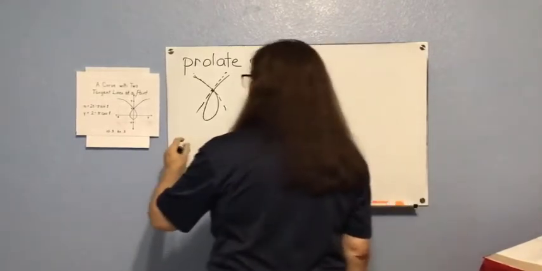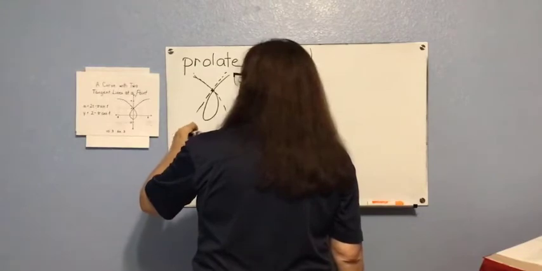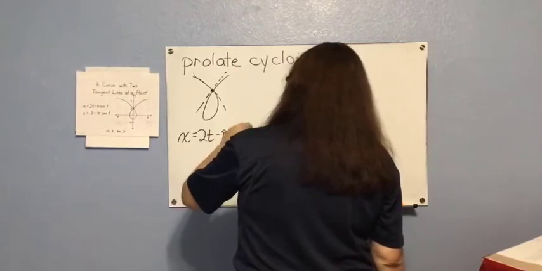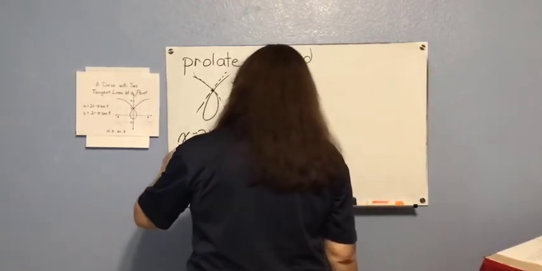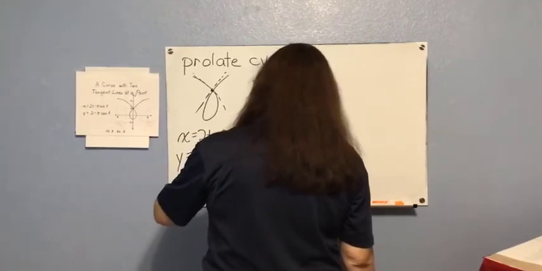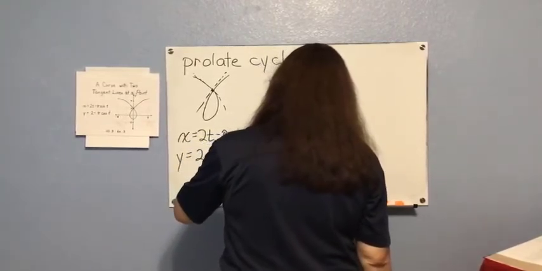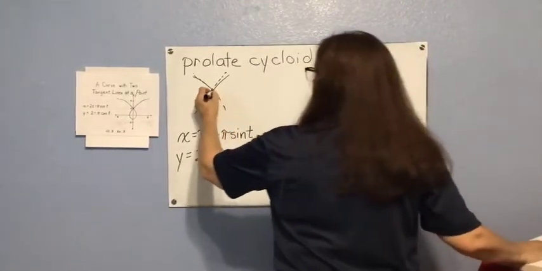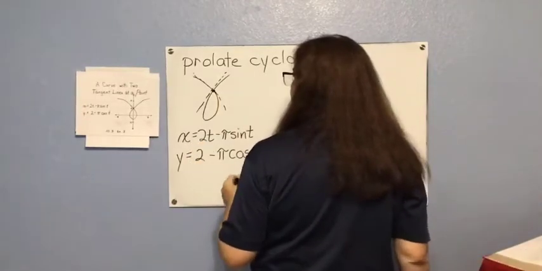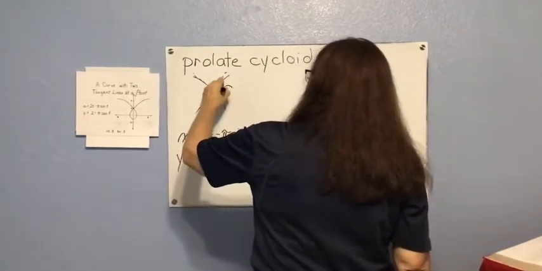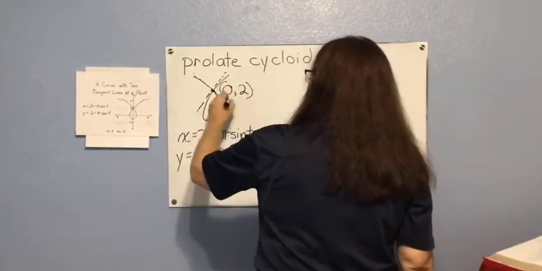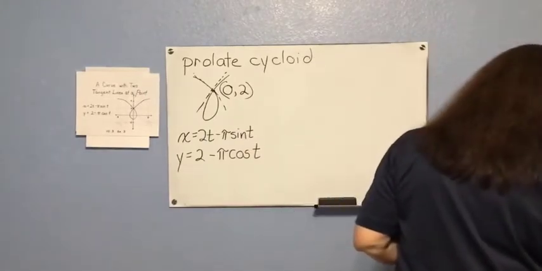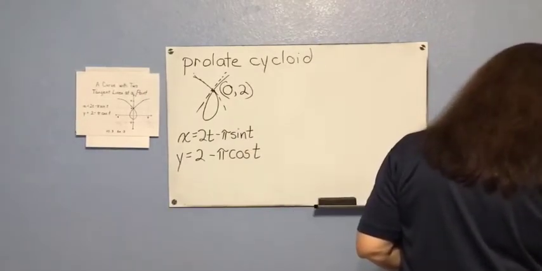Okay, the equation for this shape is x equals 2t minus pi sine of t, and y equals 2 minus pi cosine t. Okay, and this point of intersection for this particular set is 0, 2. So that's the point where we're going to find our first, and we'll just find the first derivative for this one.